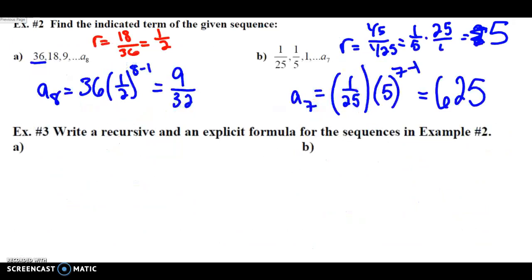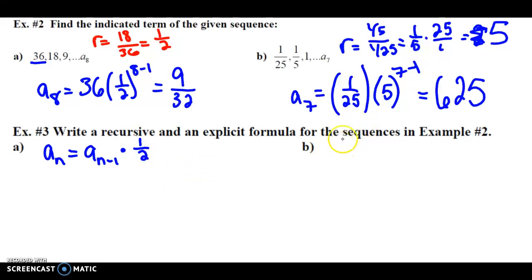For the next part, we're going to write the recursive and the explicit formula for the examples. So if you look on your notes from 11.1, the recursive formula for a geometric is a sub n equals a sub n minus 1 times the ratio, which in example A was 1/2.